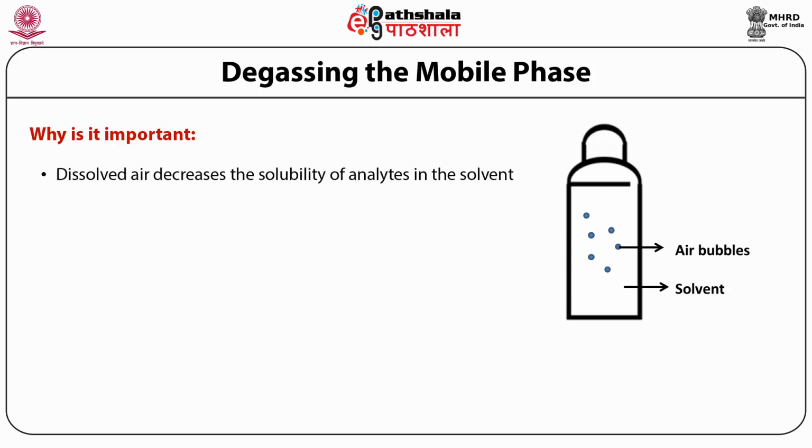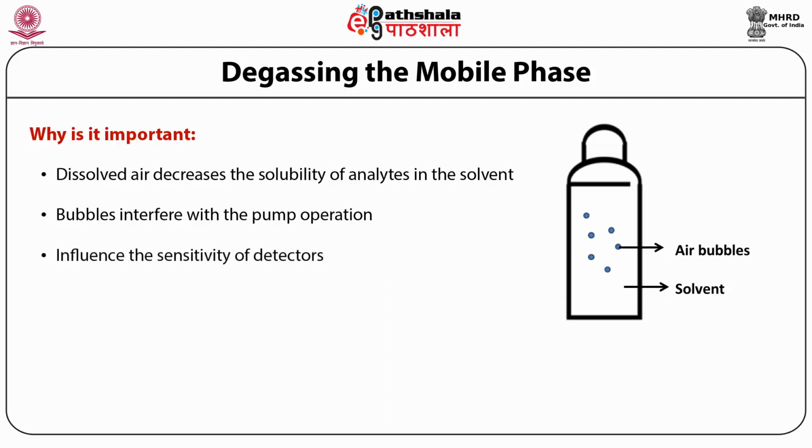When solvents are mixed, bubbles are formed due to dissolved air, which can interfere with the pump operation and sensitivity of detectors. Also, the solubility of analytes in air saturated solvents is lower as compared to the pure solvents. Degassing of the solvent before its entry into the pump can resolve all these issues.